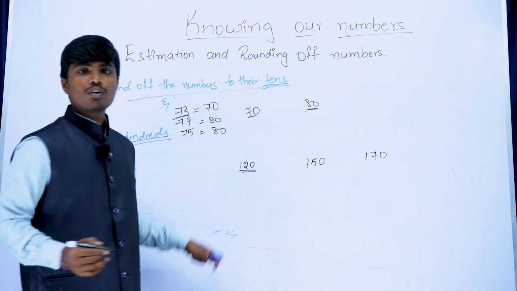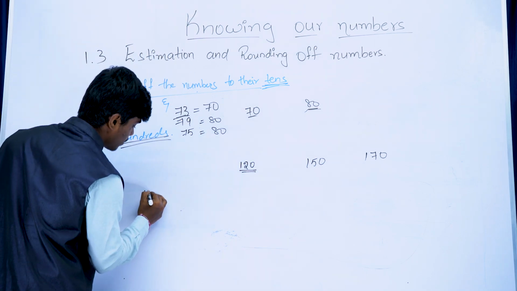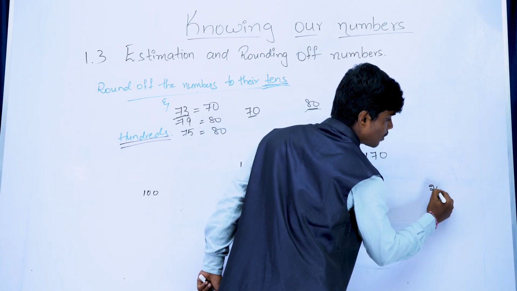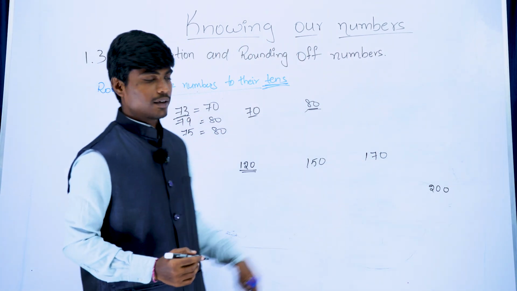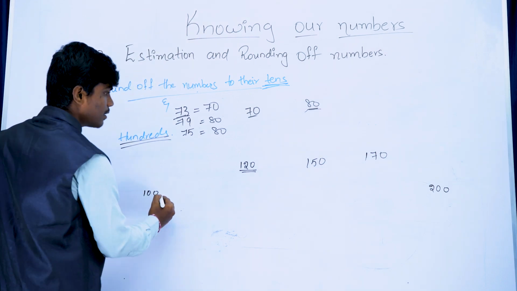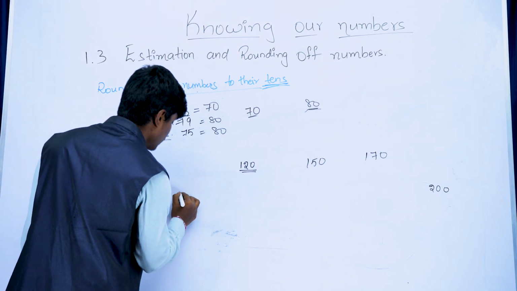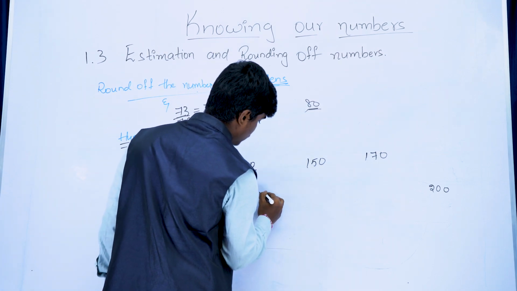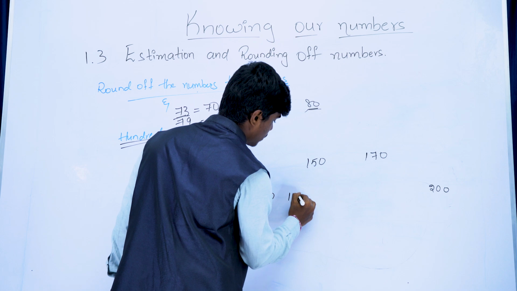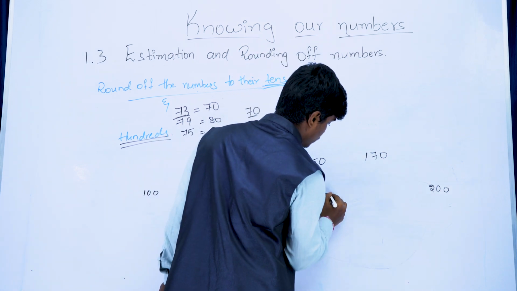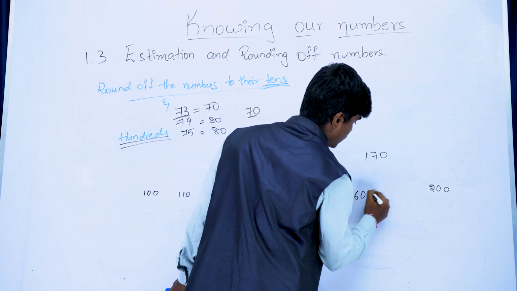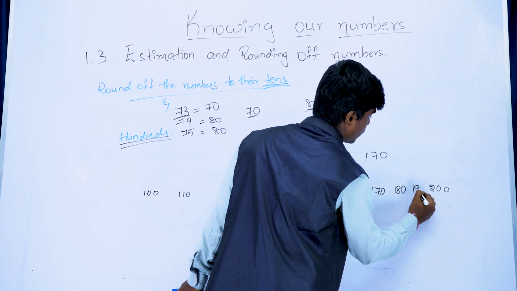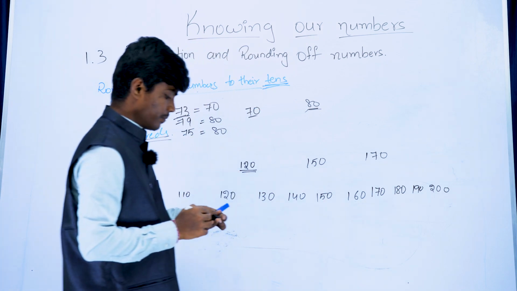Coming to the hundreds, 120 lies between 100 and 200. The numbers between 100 and 200 are 110, 120, 130, 140, 150, 160, 170, 180, 190 and 200.